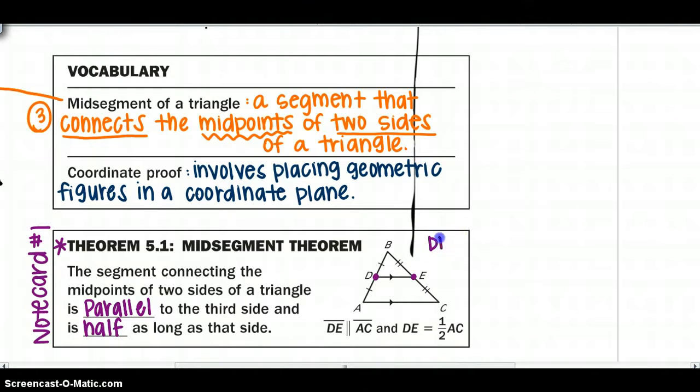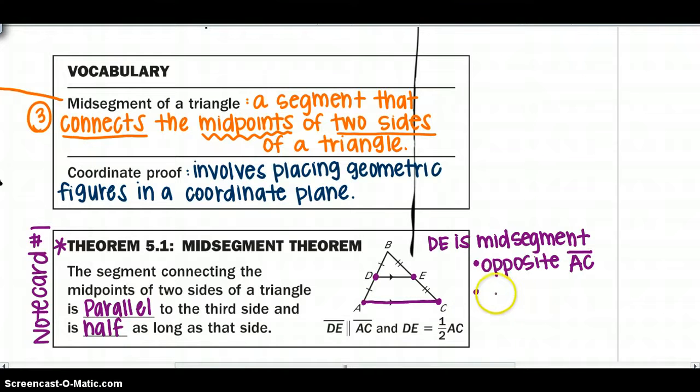So we know now that DE is our mid-segment. Some terminology you might see is that DE is opposite AC. So DE is opposite line segment AC.